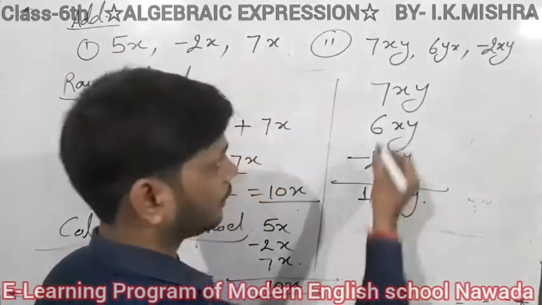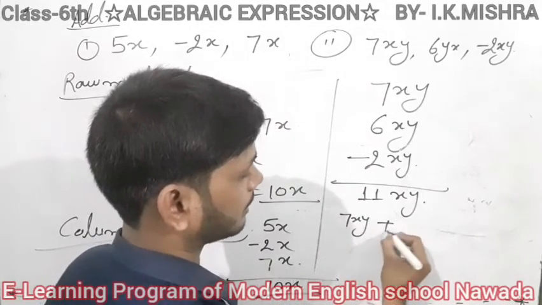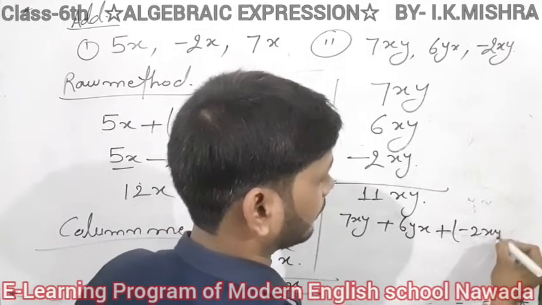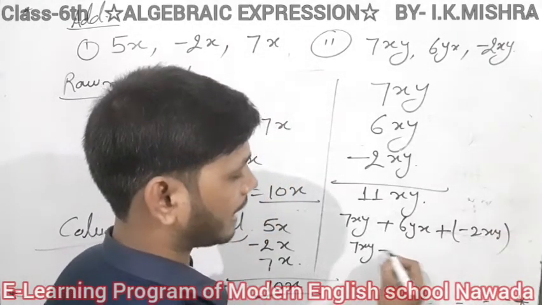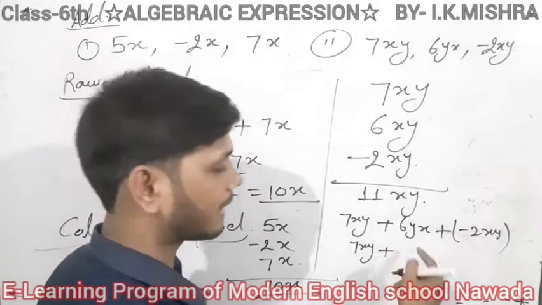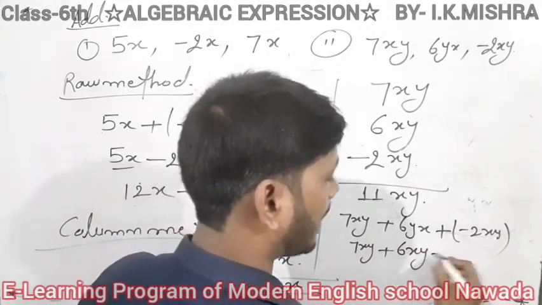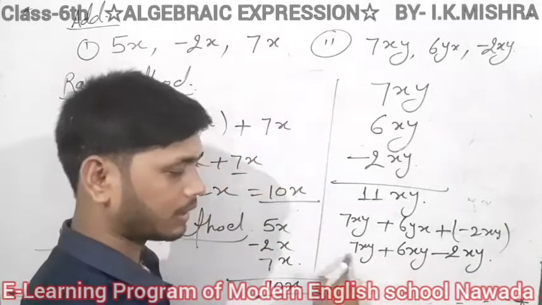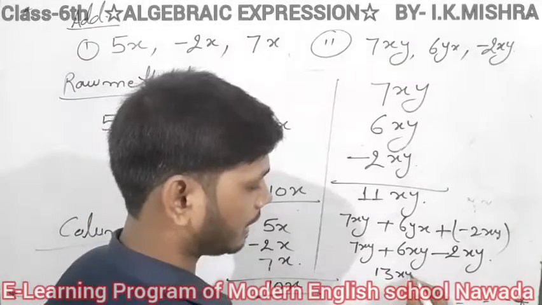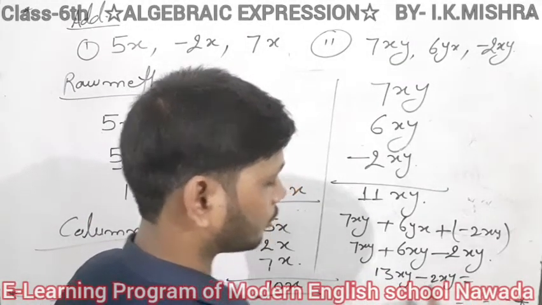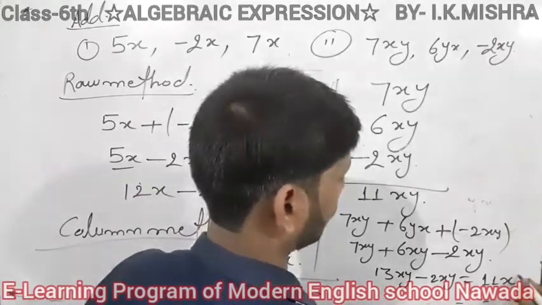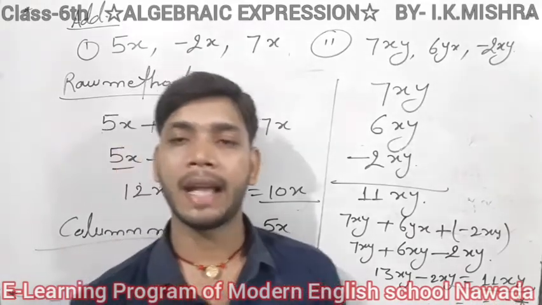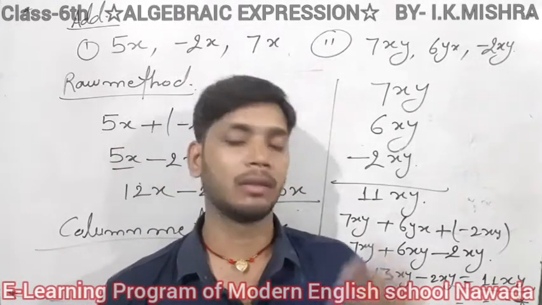And students, if you add 7xy plus 6yx and minus 2xy, that means 7xy, and you can write yx as xy, 6xy, and minus 2xy. That means 7 plus 6 is 13, 13xy minus 2xy, that means here 11xy. This is the answer.